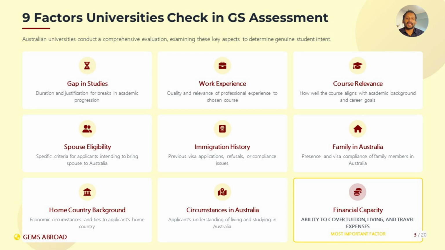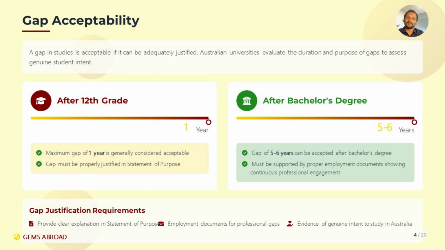These include gaps in your educational timeline, quality and relevance of your work experience, how well your chosen course aligns with your career path, eligibility factors for spouse visa cases, your previous immigration history, family connections in Australia, your financial background in India, your planned circumstances while in Australia, and most importantly, your financial capacity to support your studies. Each factor contributes to building a complete picture of you as a genuine student applicant.